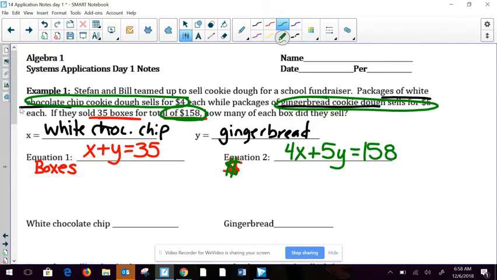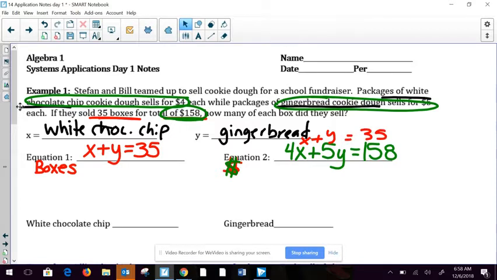So now when I'm going through doing this, I need to get something to cancel. I'm going to rewrite equation 1 above equation 2. So I have X plus Y equals 35. If I need to get something to cancel out of my top equation, you see how I have a 4x on the bottom? I'm going to multiply the top equation by the opposite, so negative 4.